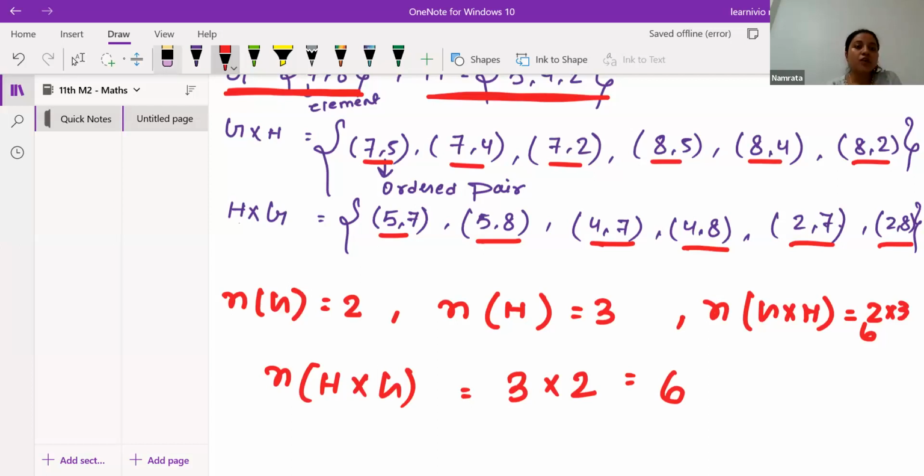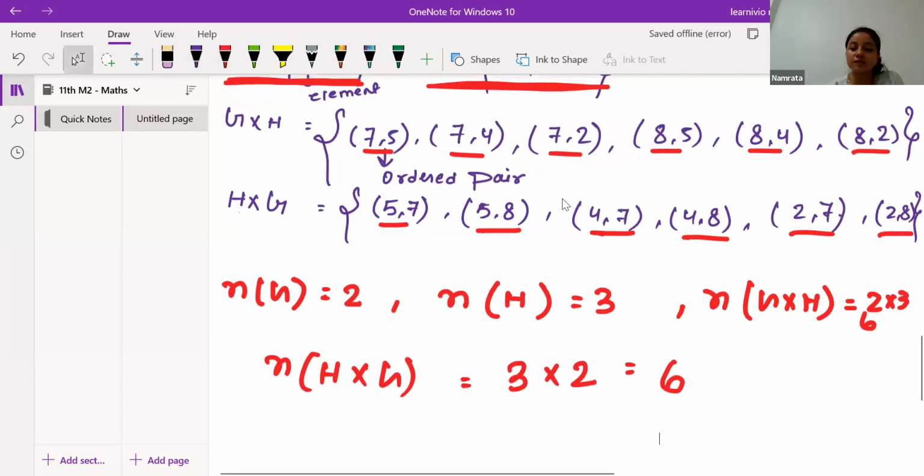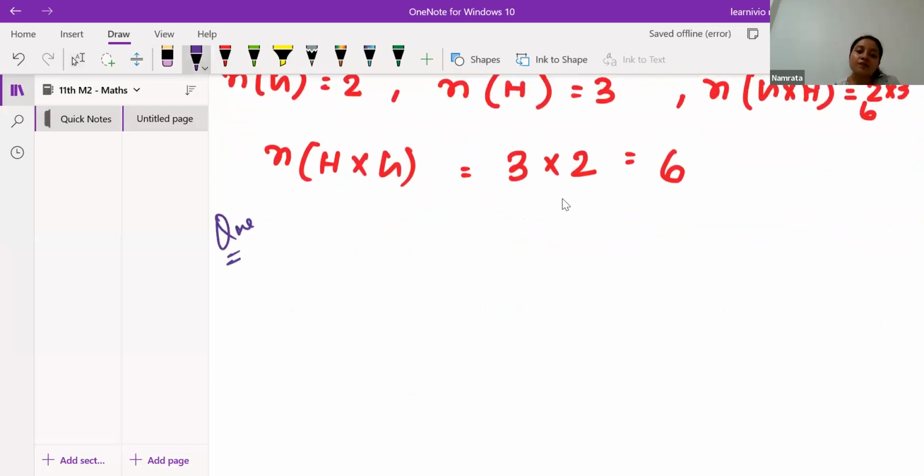So one of the questions says, suppose a set A is there. A has 3 elements. And there is a set B which is having the elements 3, 4, 5.